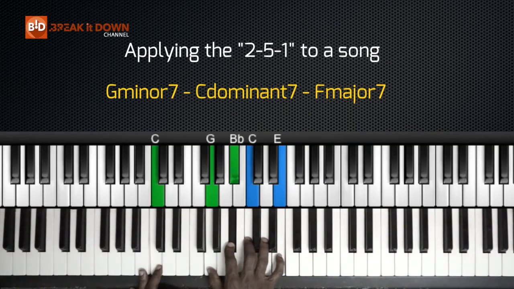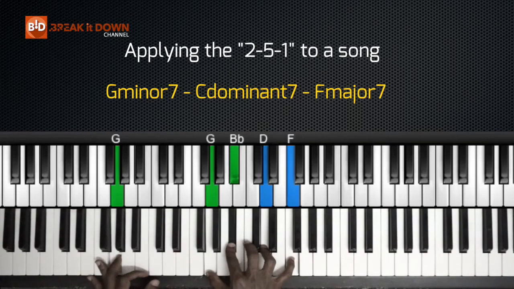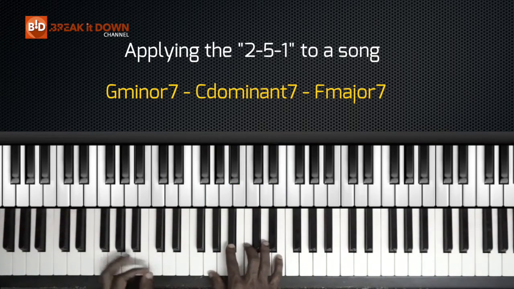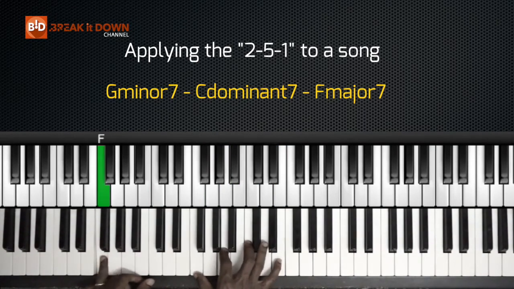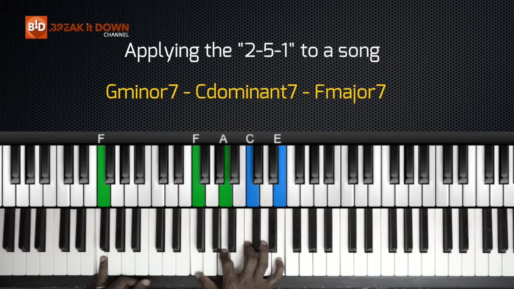You need to learn your inversions to make playing easier. So we have our 2, G minor 7, our 5, C dominant 7, and now our 1, F major 7.